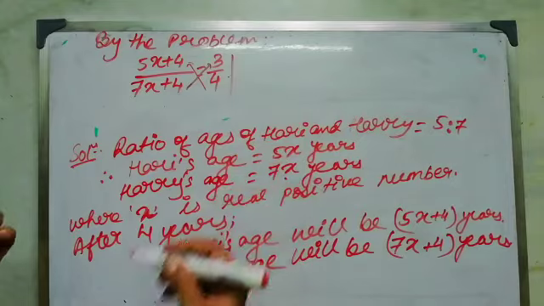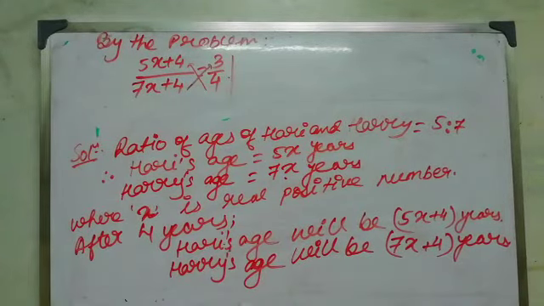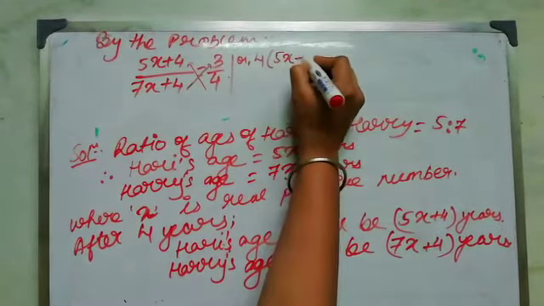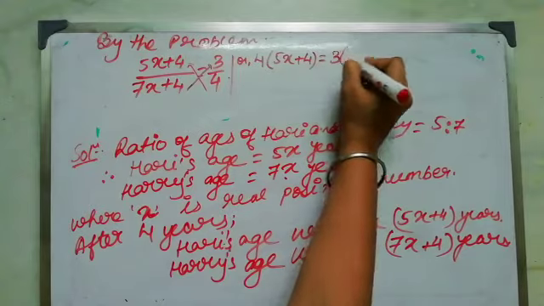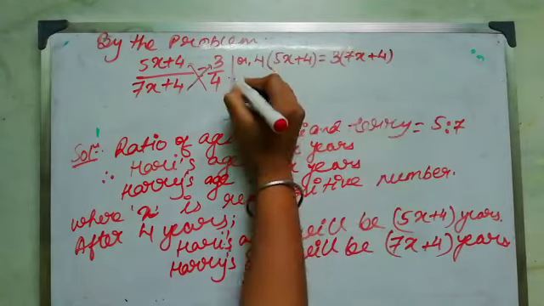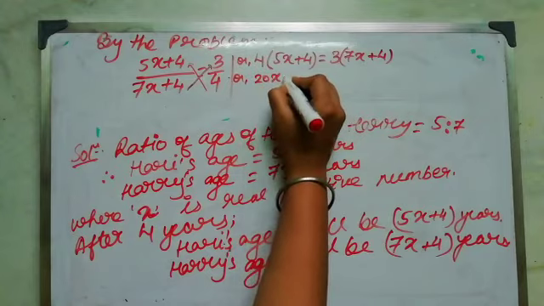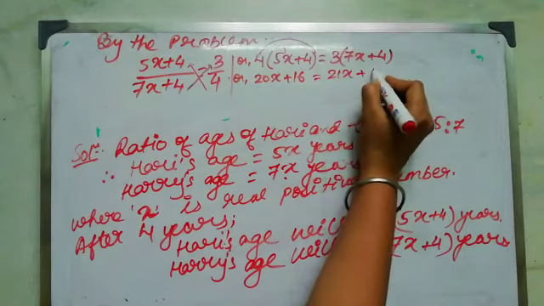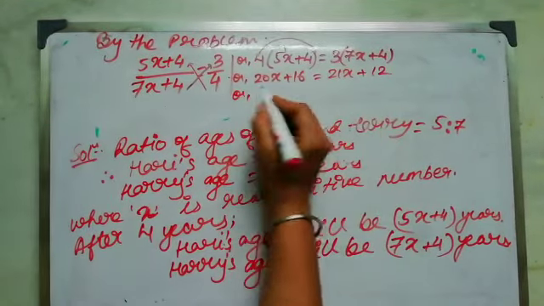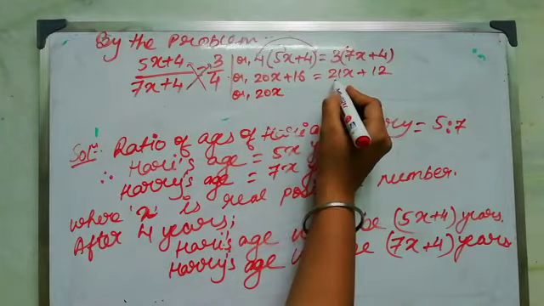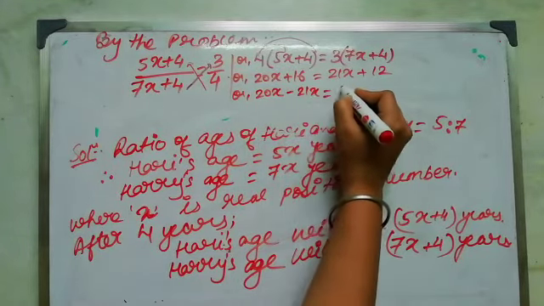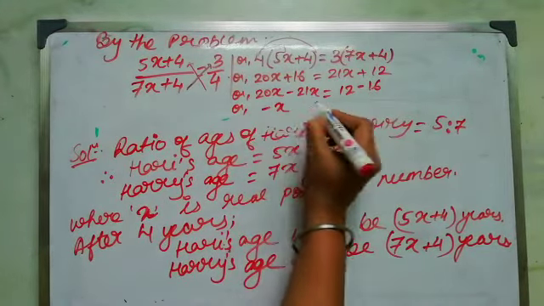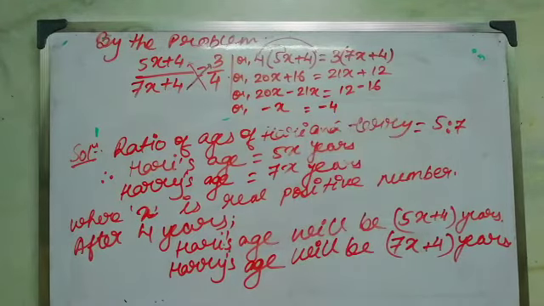So after cross multiplication, what will I get? 4 multiplied with (5x plus 4) is equal to 3 multiplied with (7x plus 4), or 20x plus 16 equals 21x plus 12, or 20x minus 21x equals 12 minus 16, or it is coming as minus x is equal to minus 4.